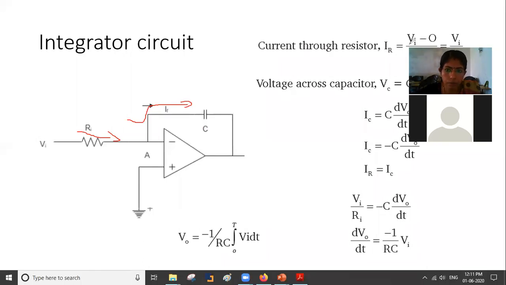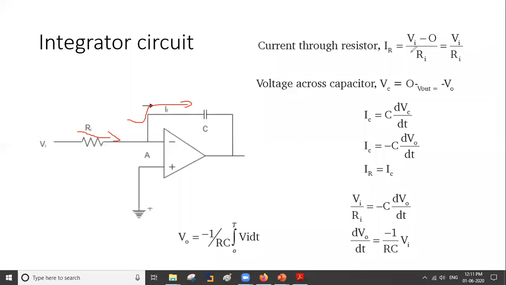So you can see we have to write an equation for the voltage on each side, the input side and the feedback network. You know that this terminal, the non-inverting terminal, is grounded. That means here the voltage is 0 volt.